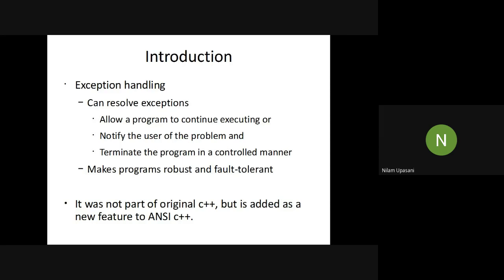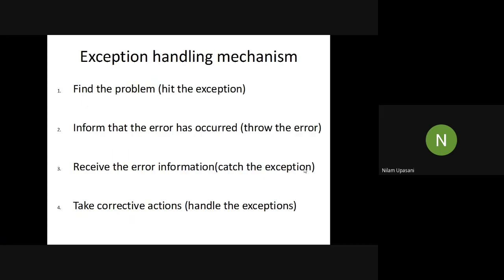We are going to terminate because whatever input the user has given, maybe we do not want it for the next processes which we have implemented. So we'll terminate the program, but not haphazardly or in an abnormal manner. It should be in a controlled manner. So that's the reason we need to have an exception handling routine in your program.